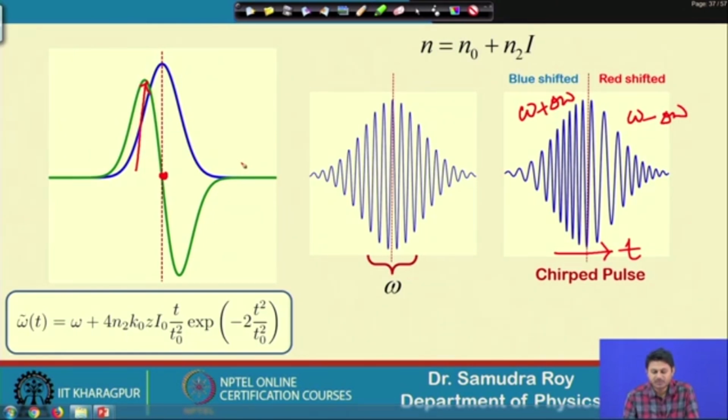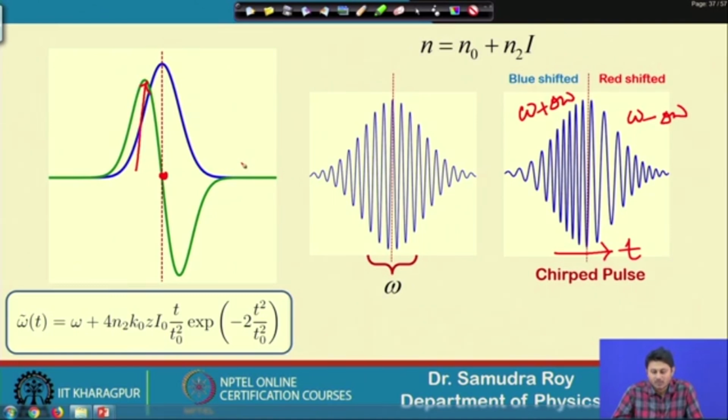One very important consequence is that when light propagates through a medium that is nonlinear in nature and the Kerr effect is there, the phase is going to modulate. Not only that, the frequency component is also going to change.